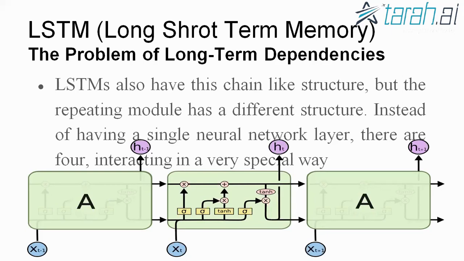Let us assume that this architecture is to be taken for granted, because this has been done after a lot of experimentation and finding out what combinations of gates and what combinations of activation functions are ideal for storing maximum long-term memory. So that's what the whole experiments have been.